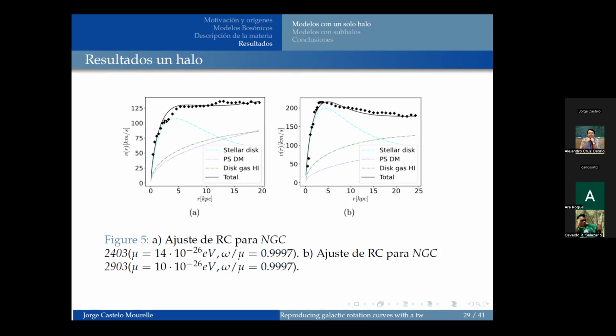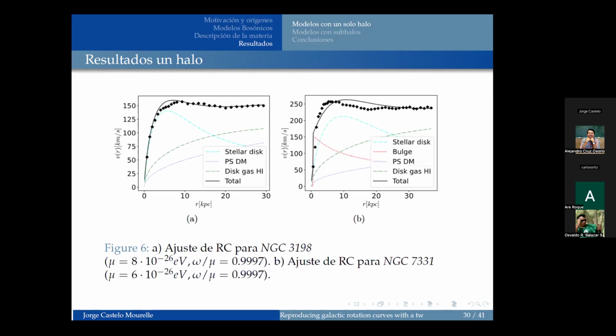Just by using this Proca halo, we are not solving the problem, let's say, but we are having very confident models in terms of the observational rotation curves. We checked like 10 or 12 galaxies, and for all of them, depending of course on the characteristics of the galaxies, and we have to take into account that the luminous part was done by using very naive models, not the most realistic and accurate ones.